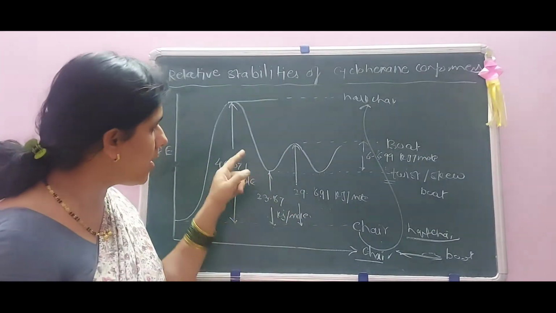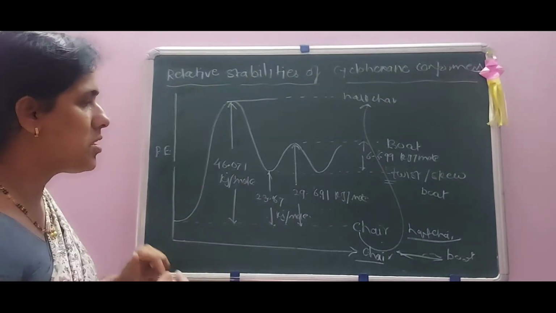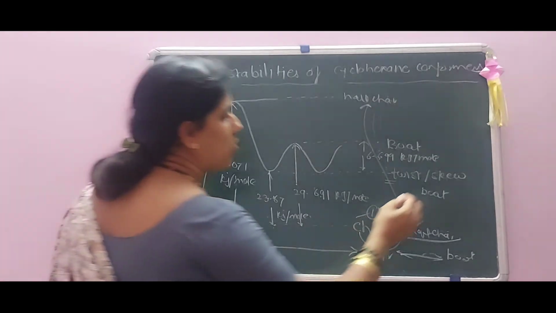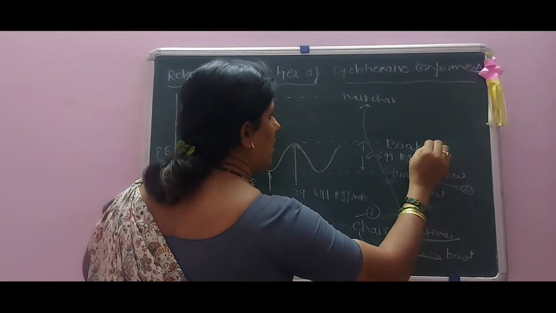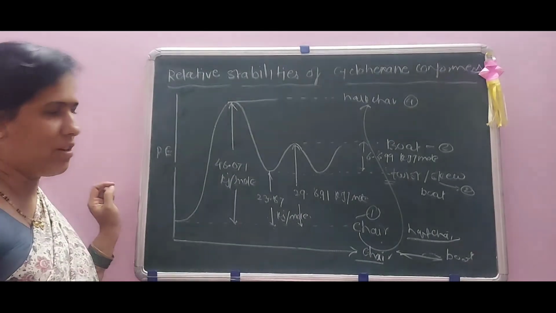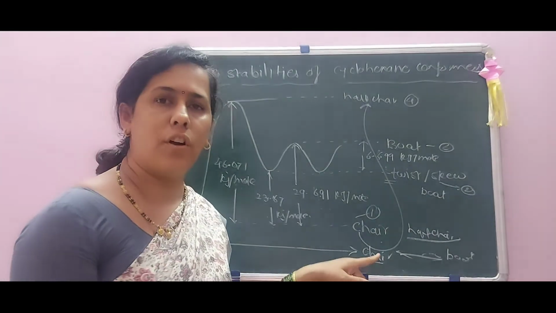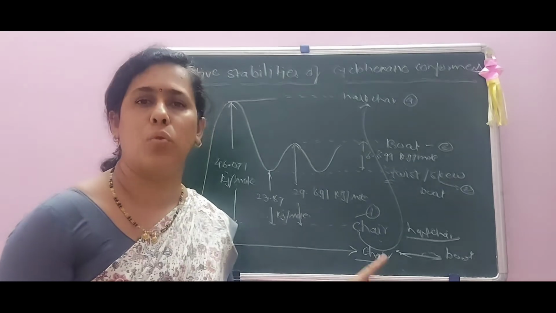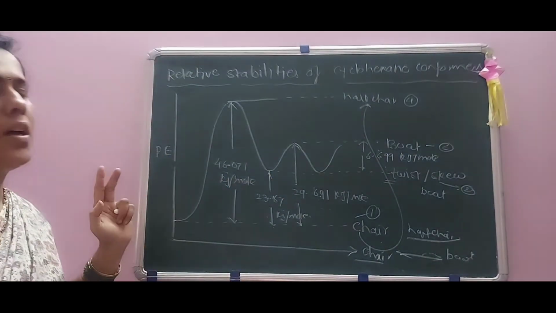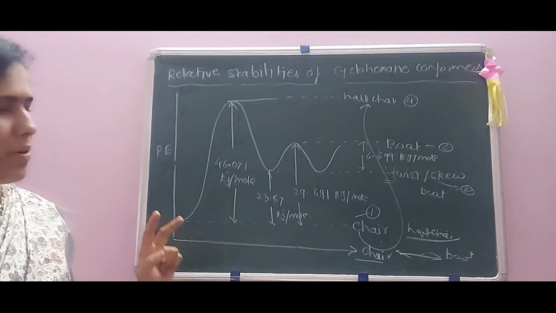As far as the energy gaps are considered, the first and most stable is the chair form. Second is the twist boat. Third is the boat. And fourth is the half chair. The chair form of cyclohexane is the most stable form, and the half chair is the least stable form here.